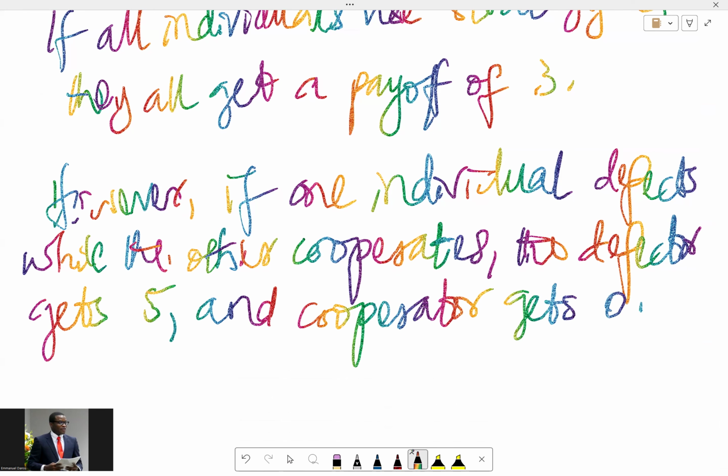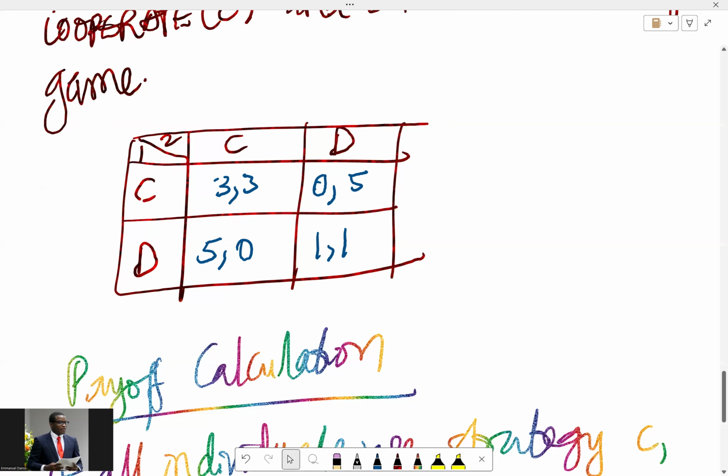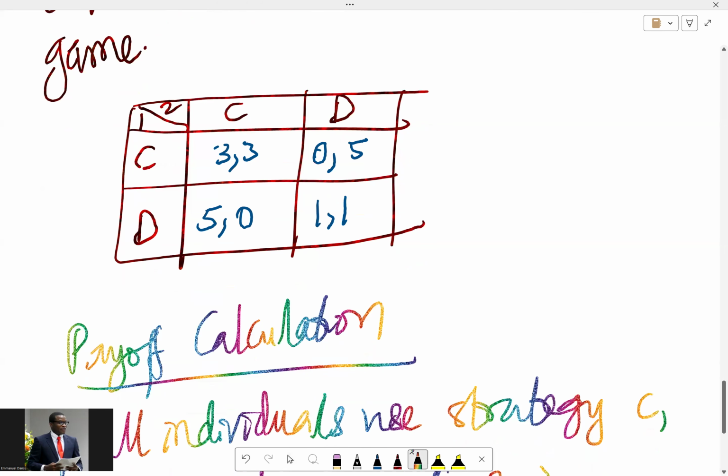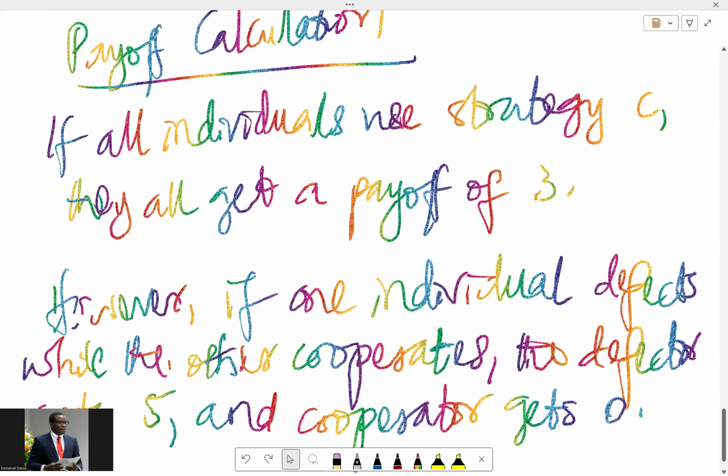So as you can see, when they both cooperate, they get 3 points each. When one defects and the other cooperates, they get 0-5 or 5-0. So whoever defects gets 5. Whoever cooperates when the other person defects gets 0. The other case is when both of them defect and they get 1 each.